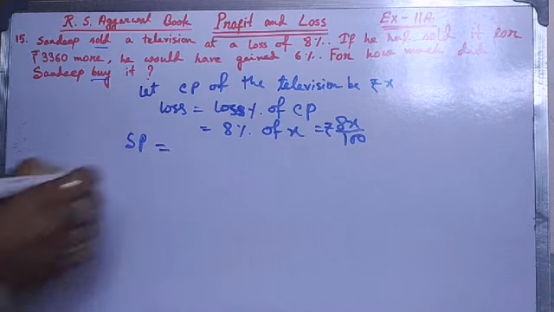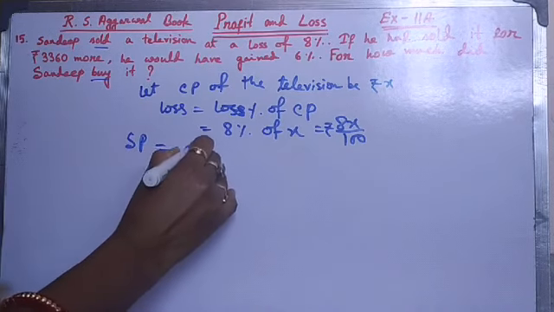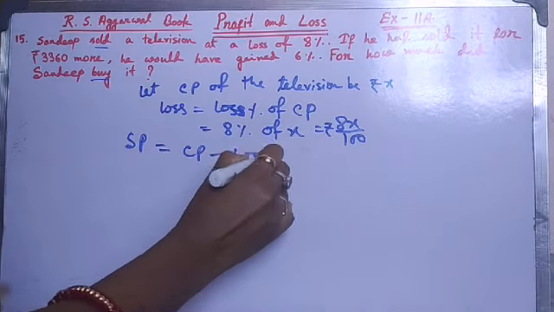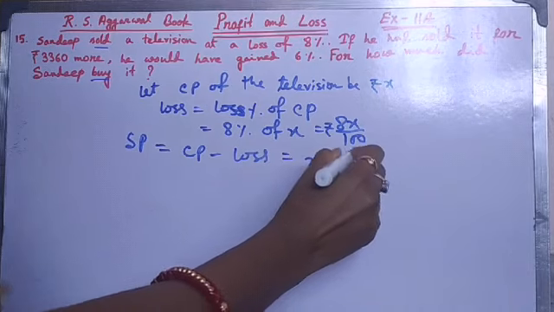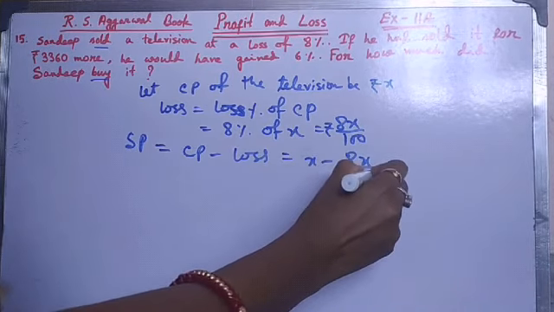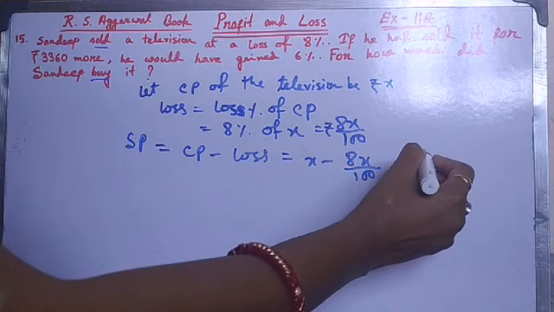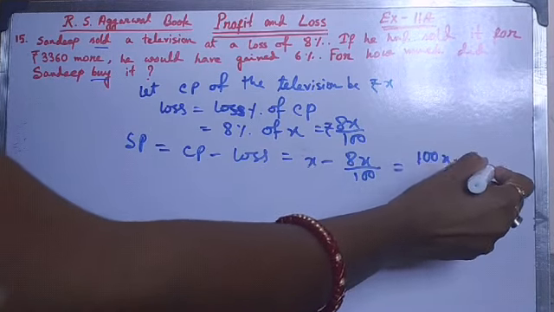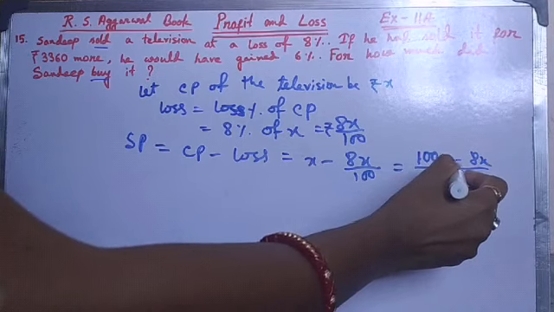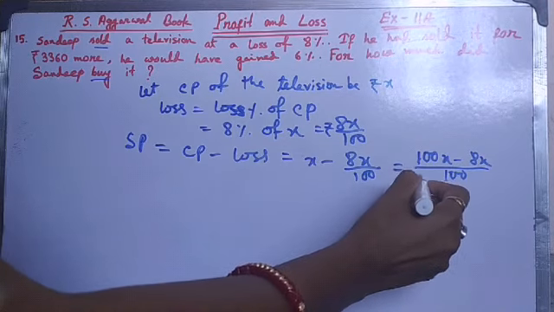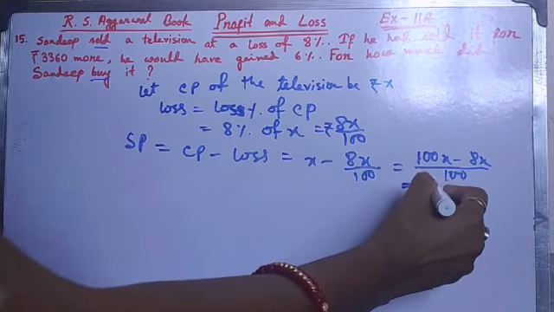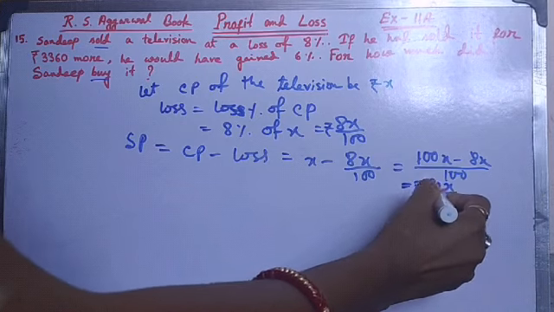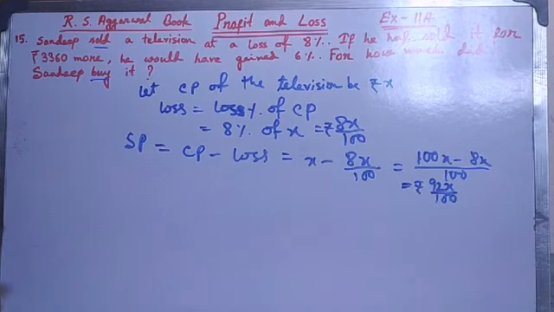So SP equal to obviously CP minus loss, that means x minus 8x by 100, that will be 92x by 100. This is the selling price.